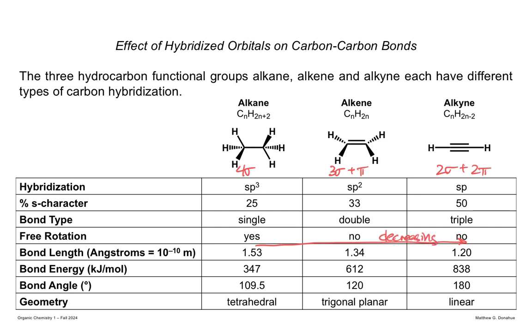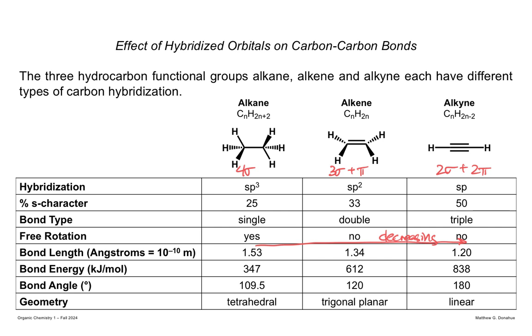And so why do you think that is? So as you add the pi bond, that's more electron density between them. They're more attracted to one another. You add the second pi bond, they're even more attracted, so that distance between the two carbons shrinks. So the bond length is shorter.